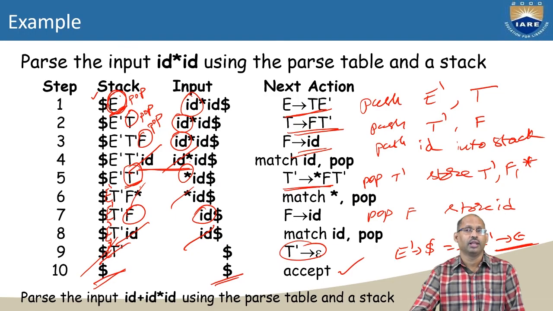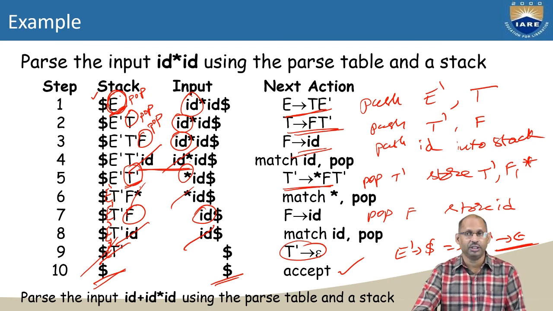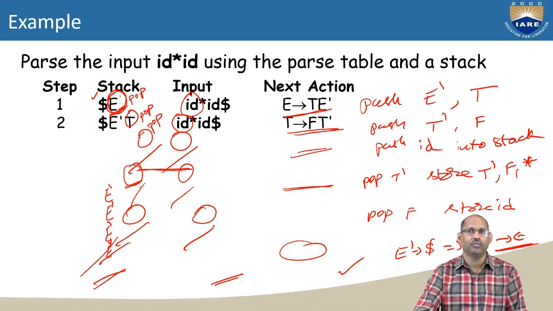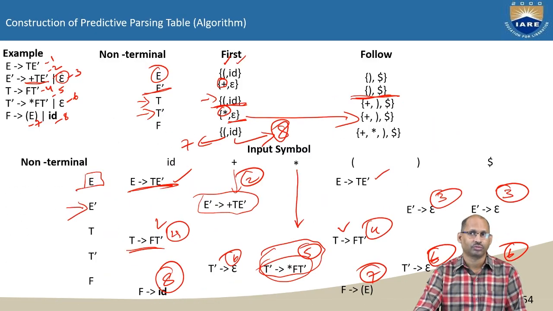So here I'm closing this predictive parsing method, and we'll discuss other topics in the next class. So from using the first and follow, we are constructing the table. From the table, we are performing the predictive parsing method.